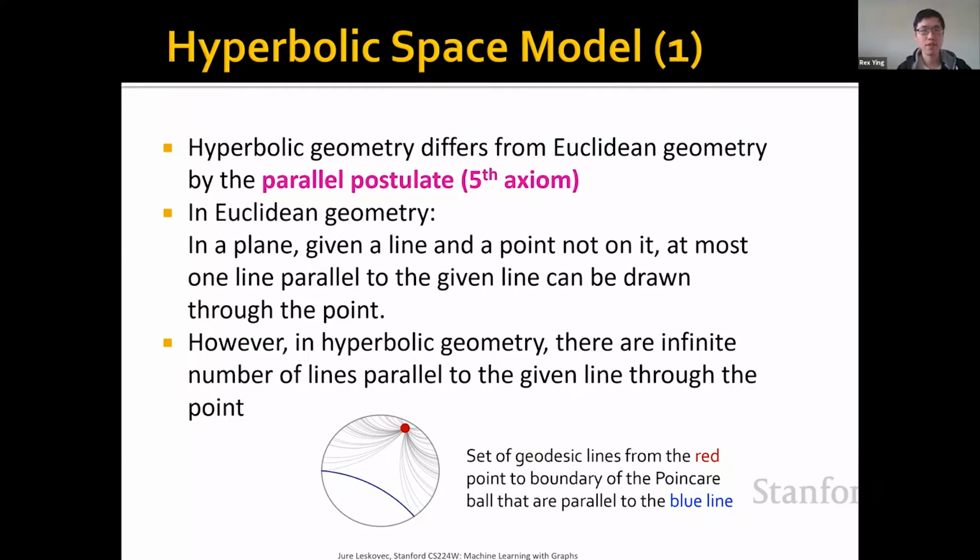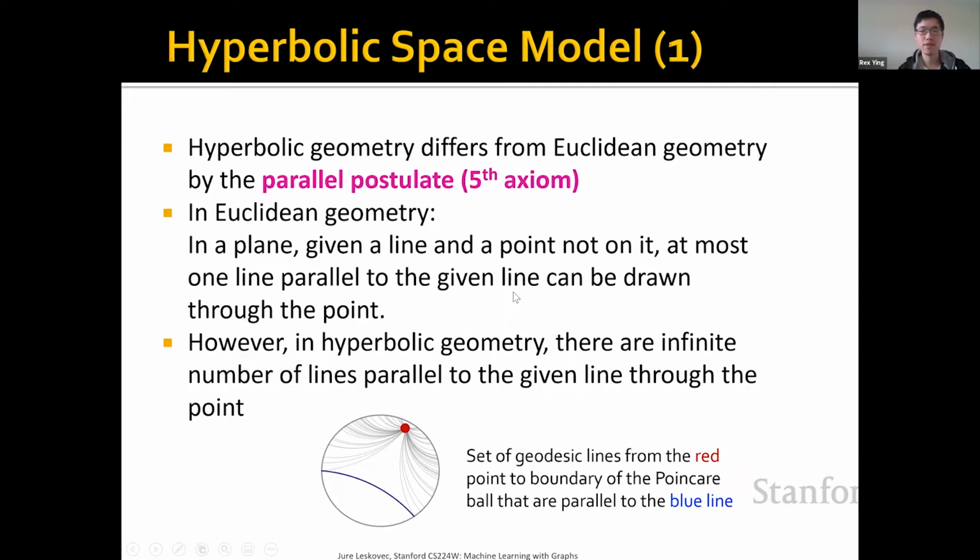Let's first define what a hyperbolic space is. Hyperbolic geometry differs from Euclidean geometry in its fifth axiom, which is the parallel postulate. In Euclidean geometry, the parallel postulate says that in a given plane, given a line and a point that is not on the line itself, at most one line parallel to the given line can be drawn through the point.